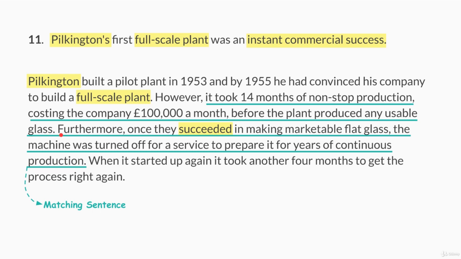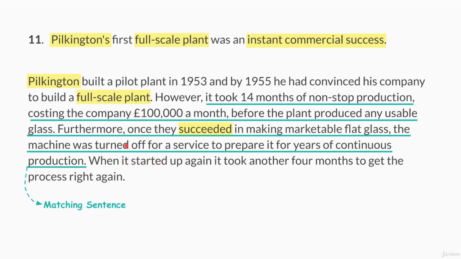So it took a while for them to produce a product. Let's keep reading on. I'm not sure if I found my answer yet. Furthermore, once they succeeded in making marketable flat glass, the machine was turned off for a service to prepare it for years of continuous production. So here it says that after they succeeded in making a marketable flat glass, the machine was turned off.